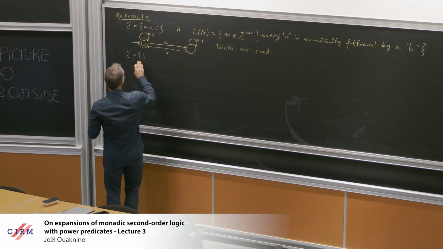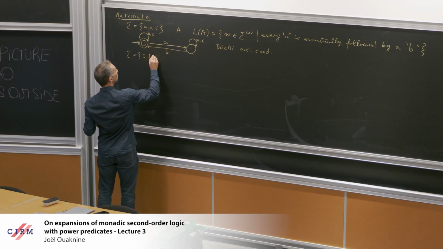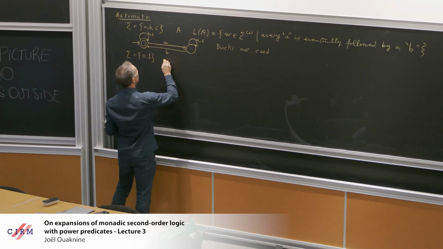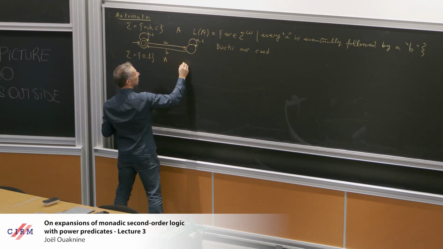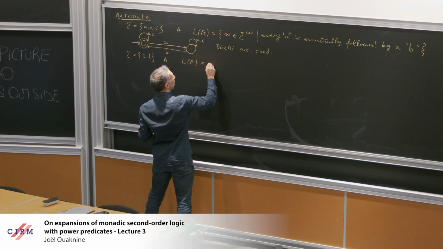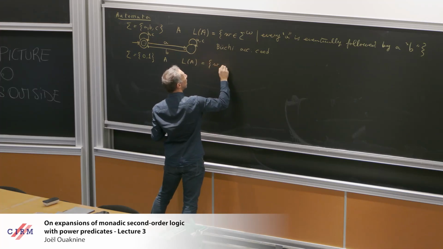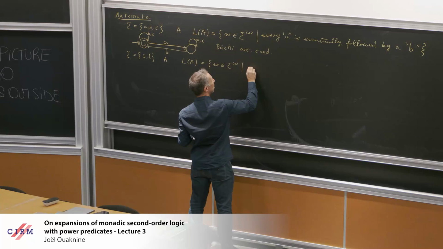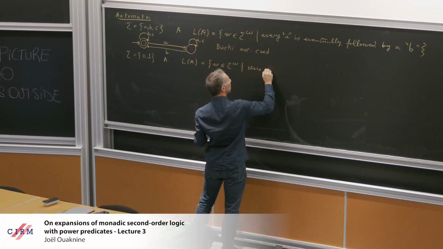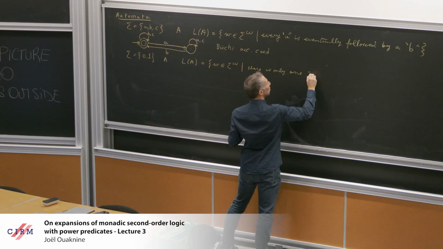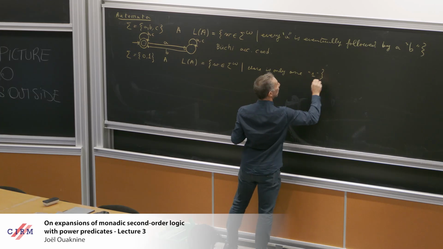So here's another example. Now the alphabet is different: 0, 1. I want an automaton A such that the language of A is the set of words in 0, 1 such that there is exactly one 1.